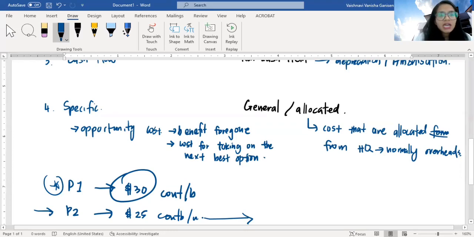Now with this, I want to try a few questions with you, questions relevant to relevant costs. I'm going to start off with the first question, which is the example from your BPP course notes. Sorry, let me reshare my screen so that you can see.